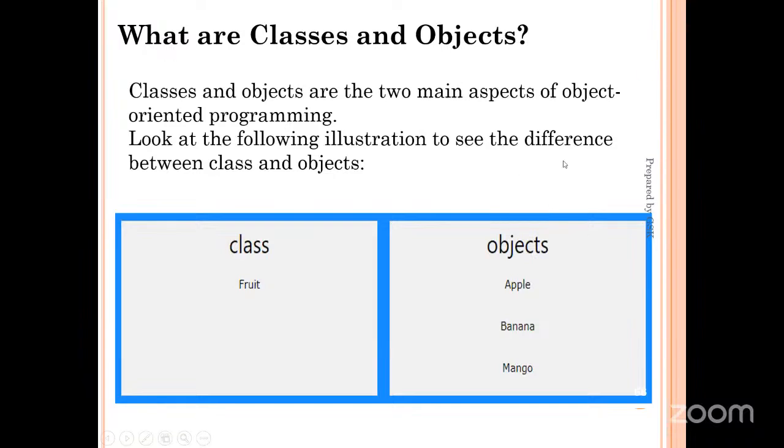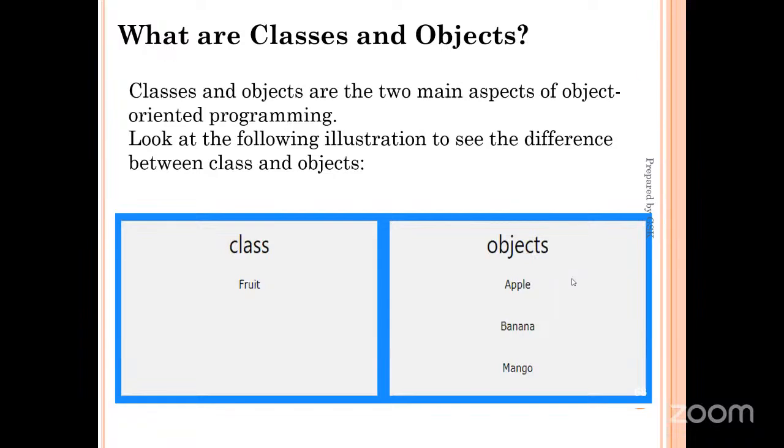For example, let us say we have three different fruits: apple, banana, mango. If you want to give a common name for these three fruits, that is nothing but the word fruit, because all are fruits only.